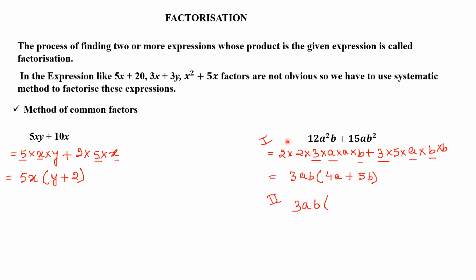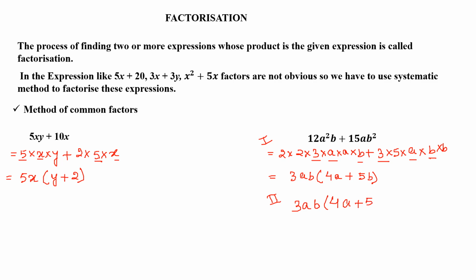Now if you see the first term, here it is 12a square b. In 3, how much will you multiply to get 12? You know that 3 times 4 will give me 12. So here it will be 4, isn't it? Now in the term it is a square, but you have taken only one a as common. So one a is still left. So it will be 4a. Now if you see the second term, in 3, how much will you multiply to get 15?